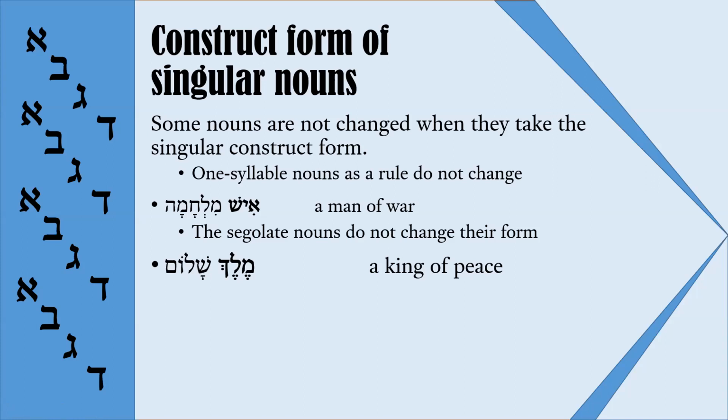Melech Eretz, the king of the land. So every time Melech would be the same. It will not change. But if it doesn't change, it doesn't mean that it is not in the construct. If it is in the construct place, it should be in the construct state, but it just doesn't change. Okay, so is it clear so far?